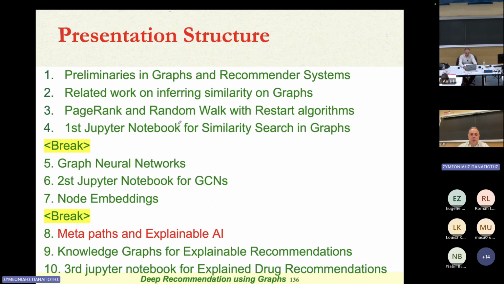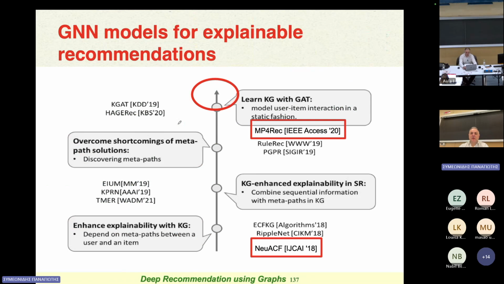So now we proceed with metapaths. There is a lot of work trying to use these metapaths, which carry some semantic information.